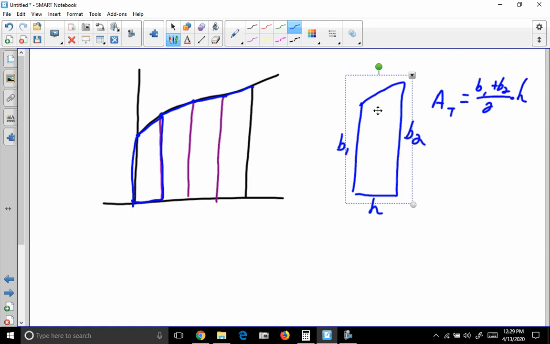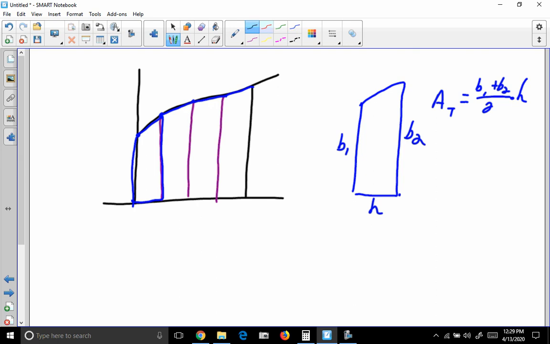If it were just a rectangle, it would be length times the width, but since these lengths aren't the same, we essentially average them, add those together, divide by 2, and that'll give us the average length times that width. So we would just add each of those together.